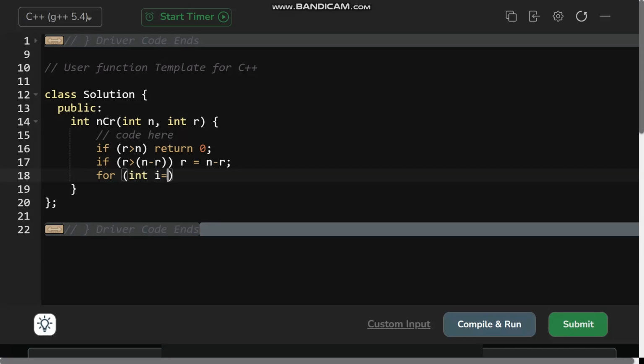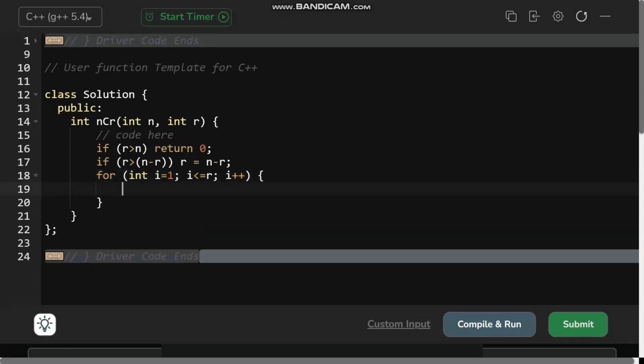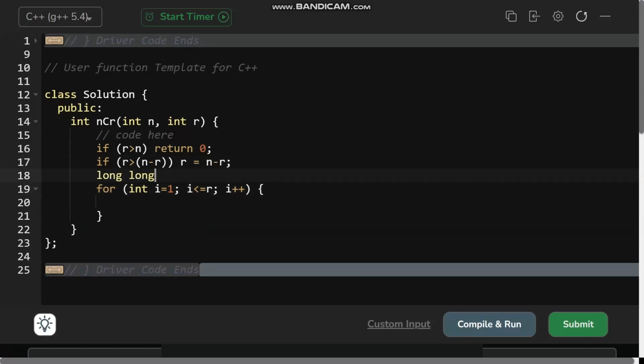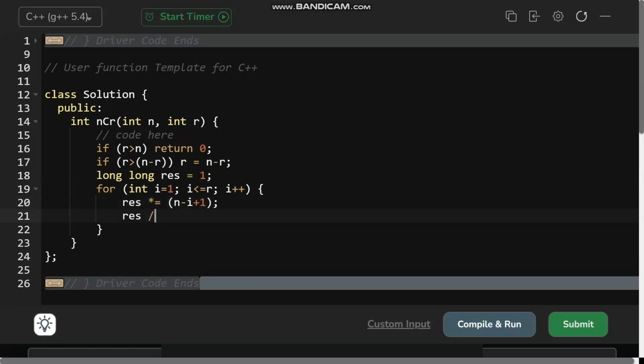Then traverse from 1 to r. Let's have a result variable: result multiplied by n minus i plus 1, and result divided by i, and then we return result.